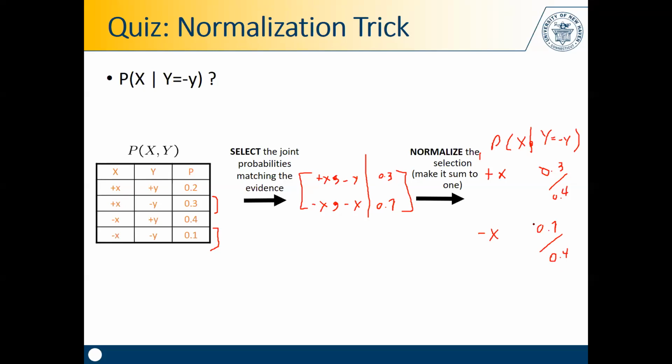I'm going to ask you a question. I want to see who can give me the answer. Why do we normalize? What's the point of normalization? Why don't we just give these values as the answer, as the conditional probability distribution of x given y is equal to negative y?